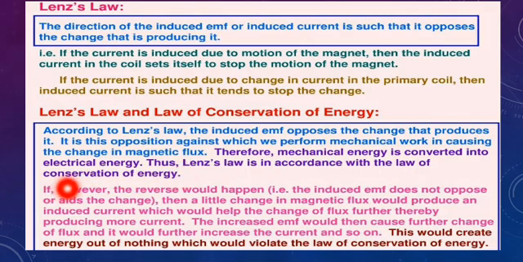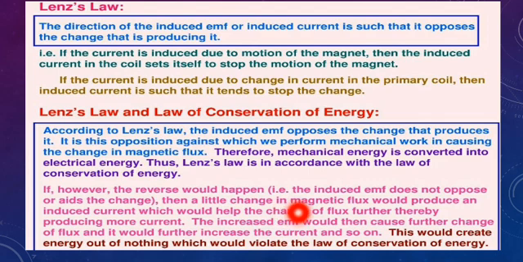Next, see this: if the reverse would happen, then a little change in magnetic flux would produce an induced EMF or induced current, which would help the change of magnetic flux further, thereby producing more current.